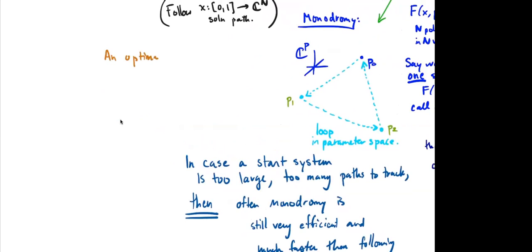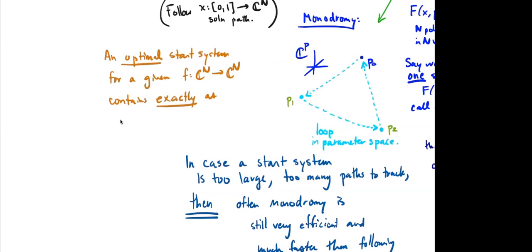An optimal start system for a given polynomial system contains exactly as many solutions as f.